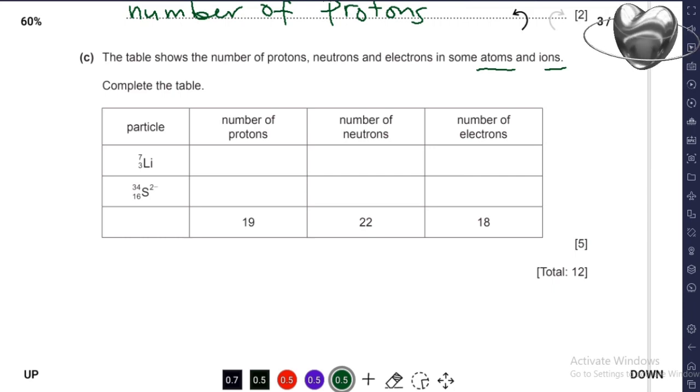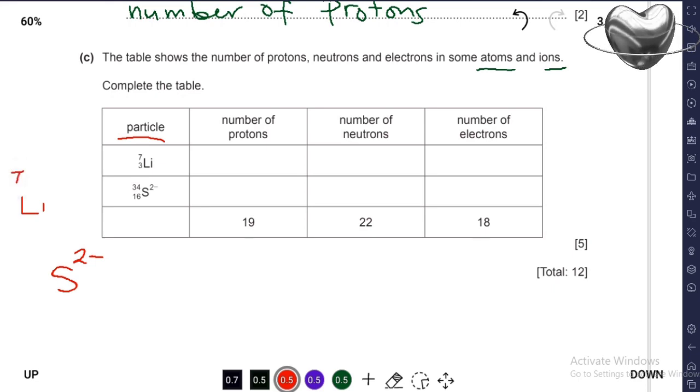We have the pair of particles, lithium and sulfide. Lithium has a superscript 7 and a subscript 3. Sulfide has 34 and 16 as a subscript.